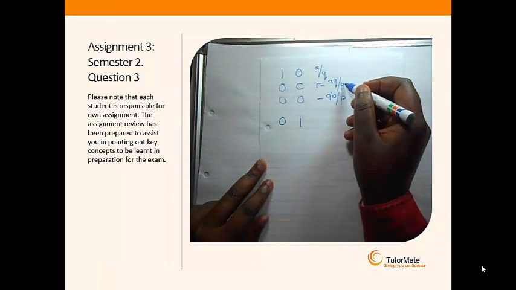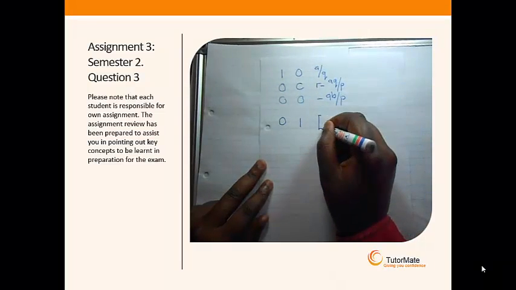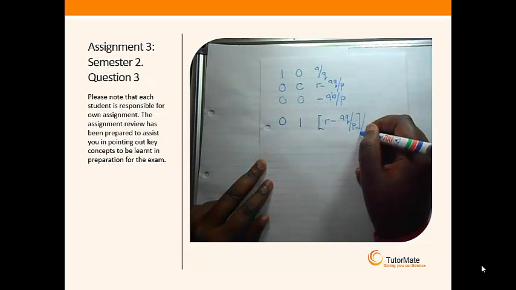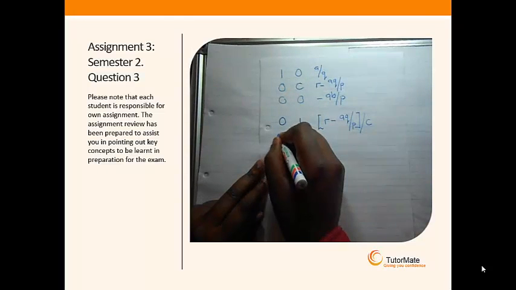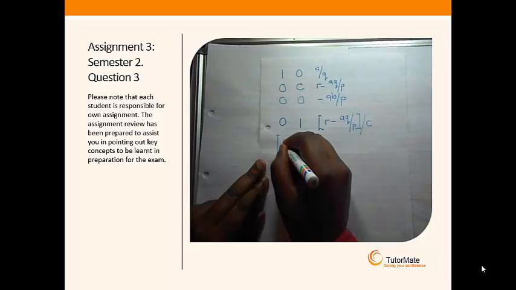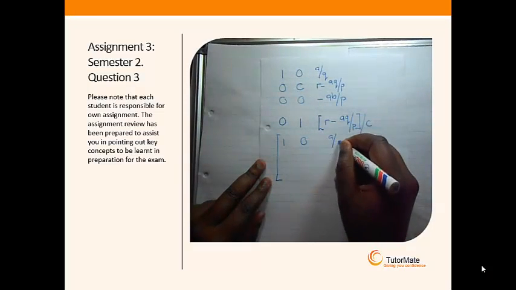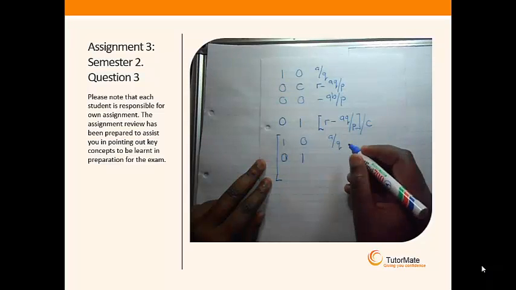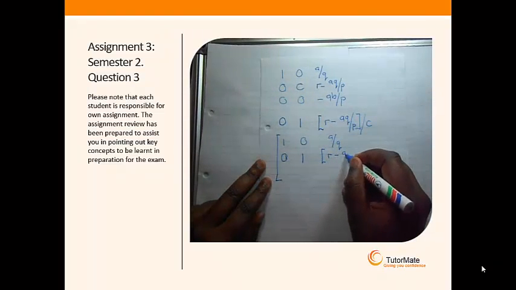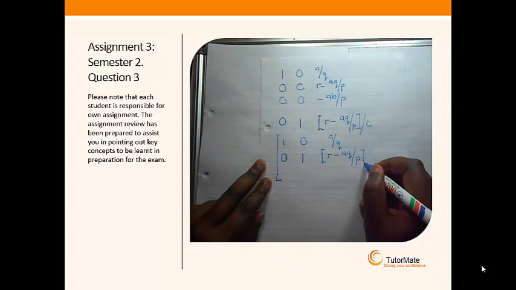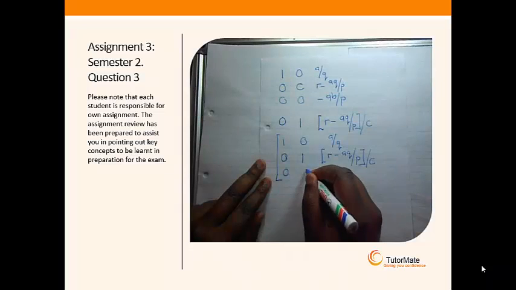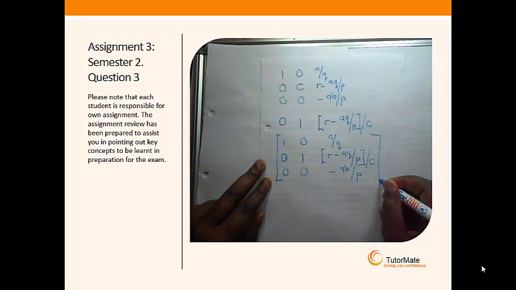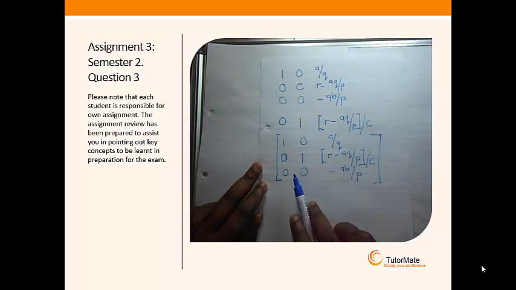R minus AQ over P divided by C, I'll get R minus AQ over P all over C. So if I rewrite my entire matrix now, I'll have 1, 0, A over P. Now this becomes my new second row: 0, 1, then R minus AQ over P all divided by C, then 0, 0, minus AB over P. Now if you look, I now have my matrix A in its reduced row echelon form.